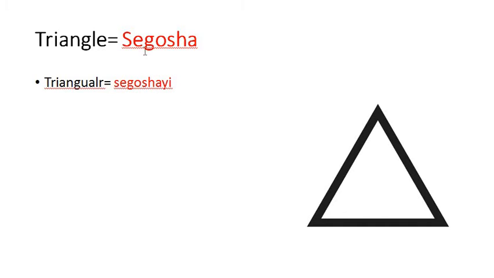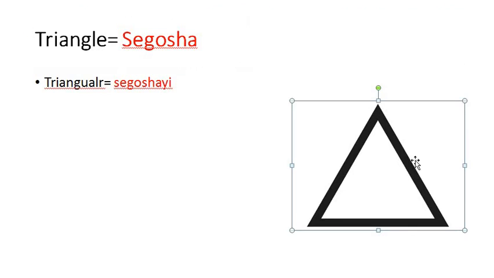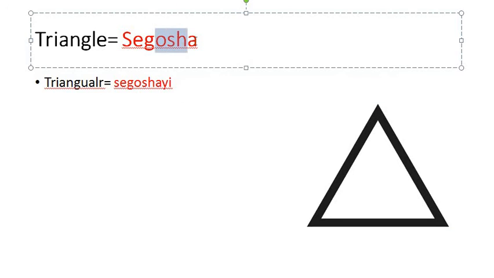Anyway, triangle means segosha. Gosha is an important word, so remember it. Se is three, because a triangle has three angles. Gosha is angle, and segosha together means three angles, which means triangle.